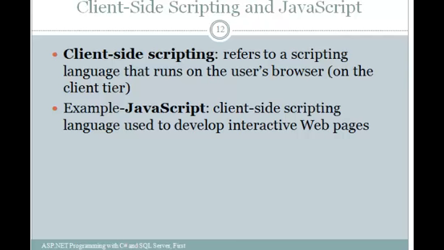But if you want any action to take place when the user submits a form, we need some more programming to take place on the web page. So they were using different scripting languages, and one of the prominent scripting languages is JavaScript.